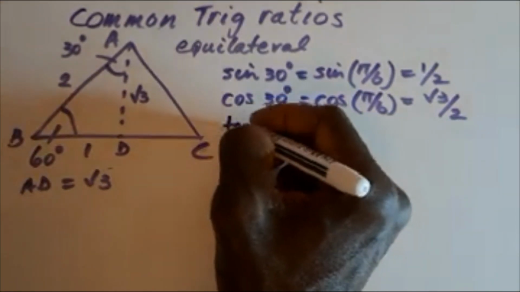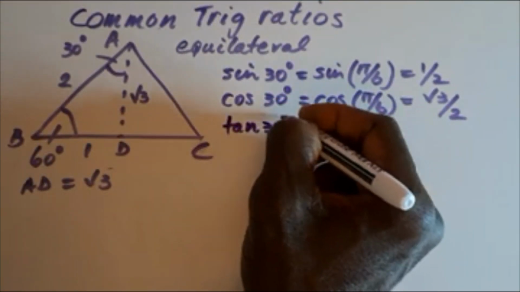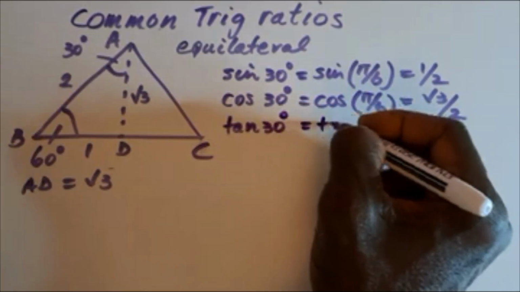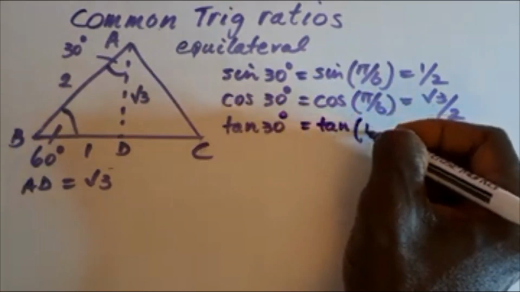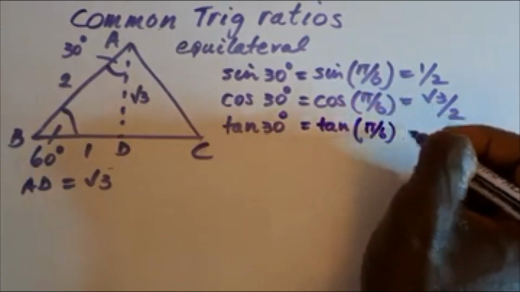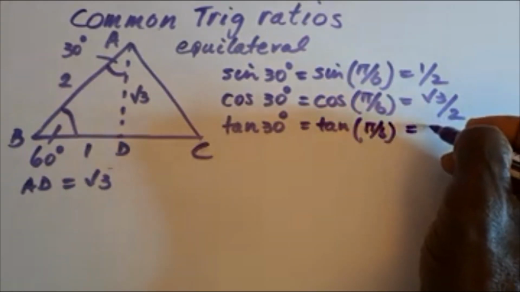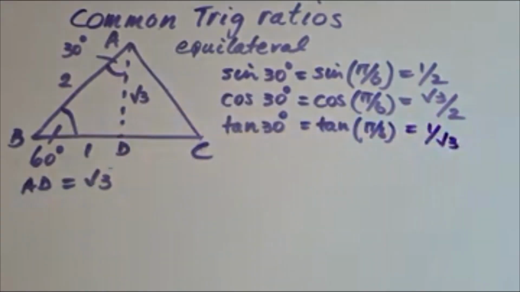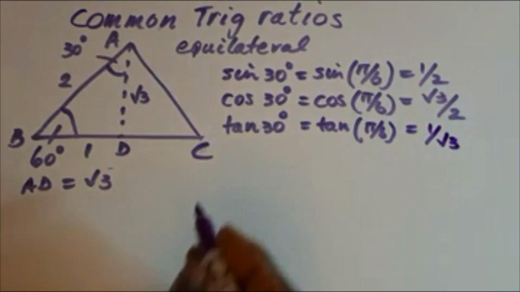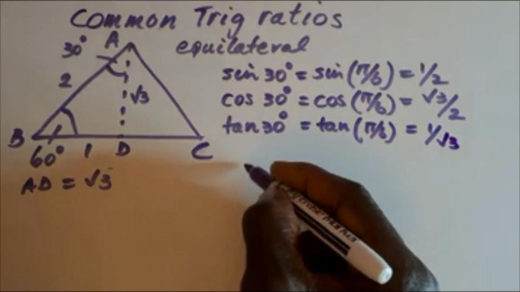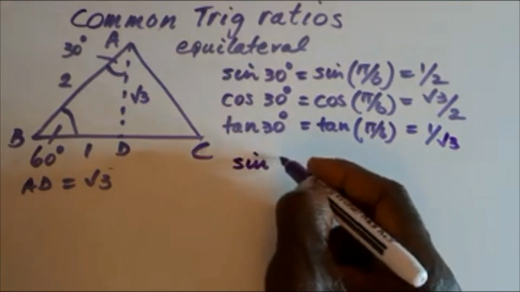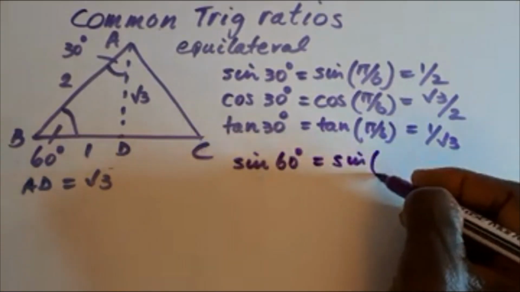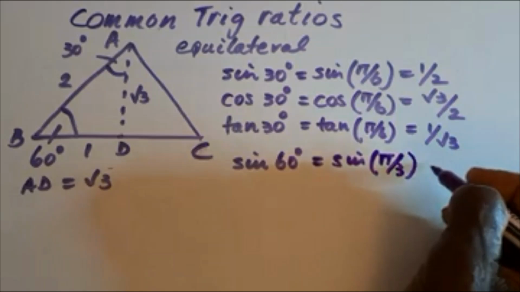And then we have tan 30 degrees. That's equal to tan of pi over 6. It's equal to 1 over root 3. We also have sine of 60 degrees, and it's equal to sine of pi over 3.